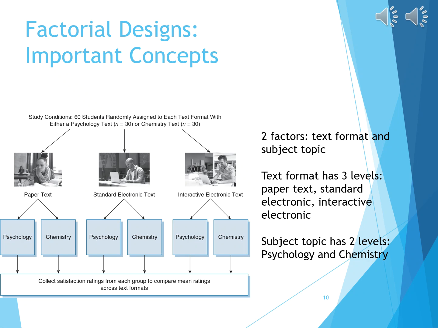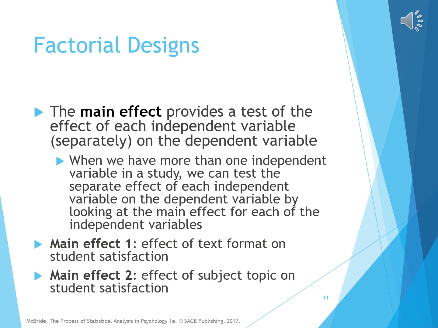For example, some students could really prefer a paper text for a psychology textbook, but other students could really prefer an interactive electronic text specifically for the chemistry topic, right? So we want to see not only how these things are separate from each other, the formats affecting student satisfaction ratings on their own, but also whether there are some interaction effects there. So in these kinds of factorial designs, you have different kinds of effects of independent variables on dependent variables.